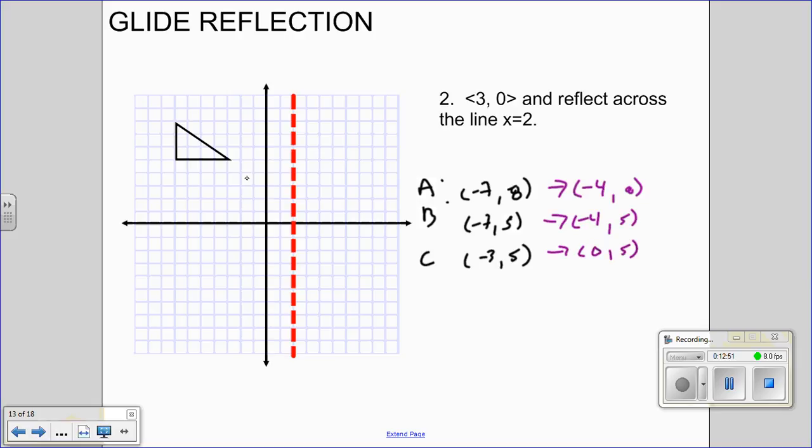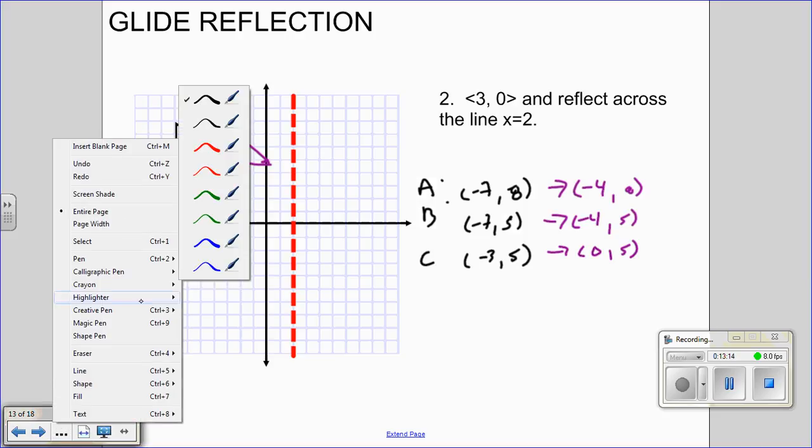So let's redraw that picture. Negative 4, 8 would be here. So that's the translation. Now they want us to reflect over the line x equals 2.